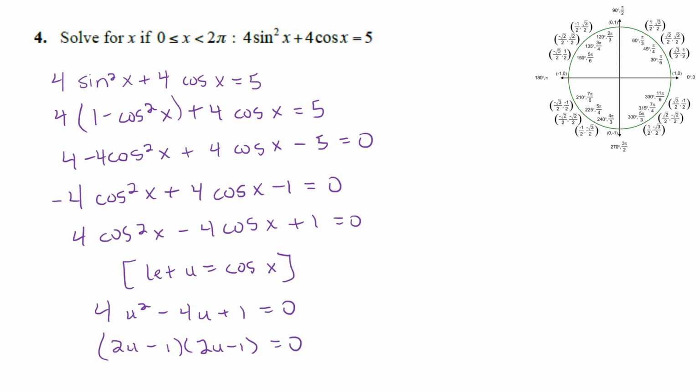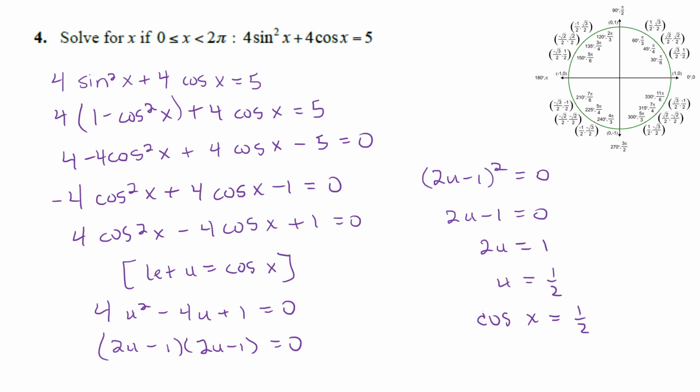So in other words, 2u minus 1 squared equals 0. Okay. So we can take the square root of both sides, which will just get us 2u minus 1 equals 0. So 2u equals 1, so u equals 1/2. So back substituting, cosine x equals 1/2.